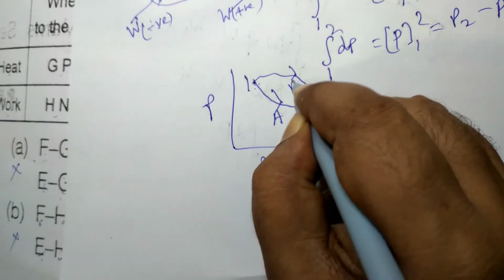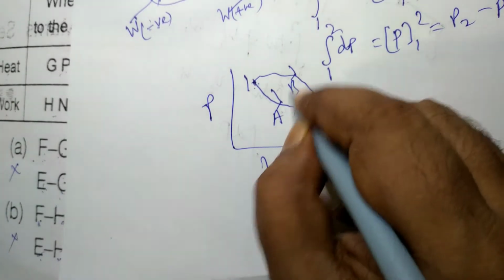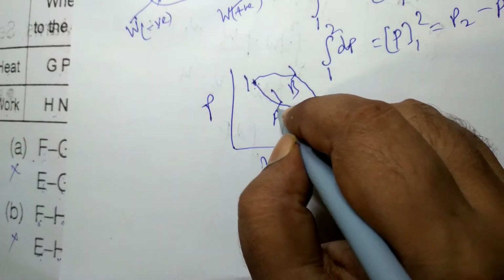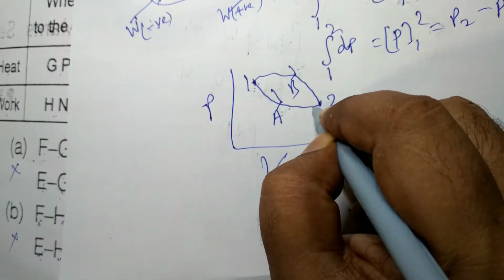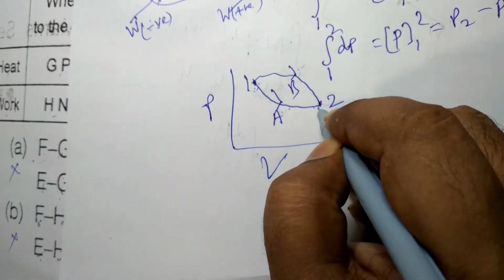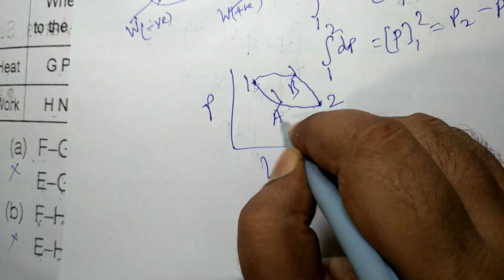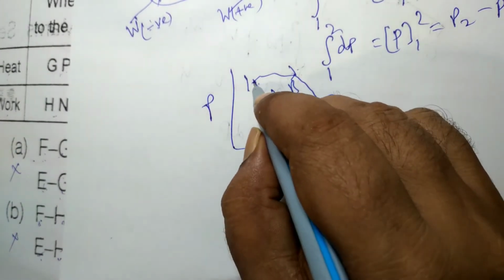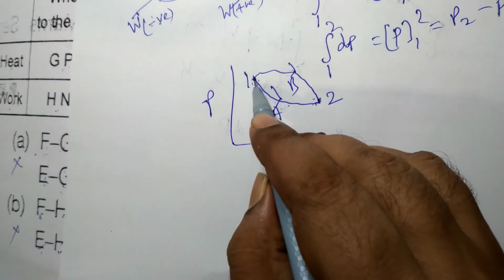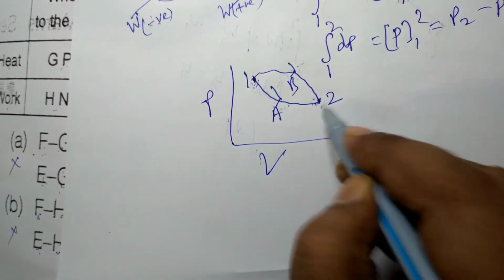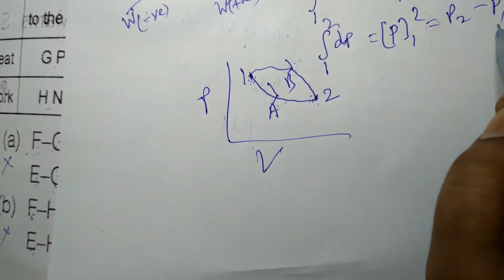This is path A, this is path B. System can travel from state 1 to state 2 through any of the 2 paths. Whatever may be the path followed, whenever system travels from state 1 to state 2, change in volume will remain same. Change in pressure will also remain same, because those things do not depend upon path. They depend only upon the end points, initial and final points. Whenever the system travels from state 1 to state 2, change in volume will be V2 minus V1. Change in pressure will be P2 minus P1.